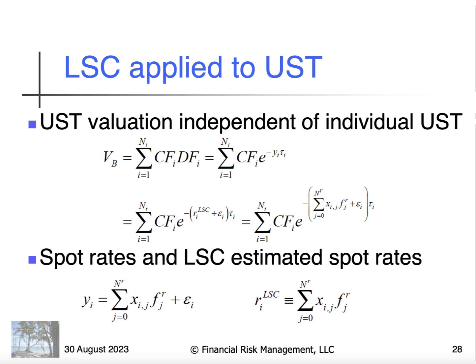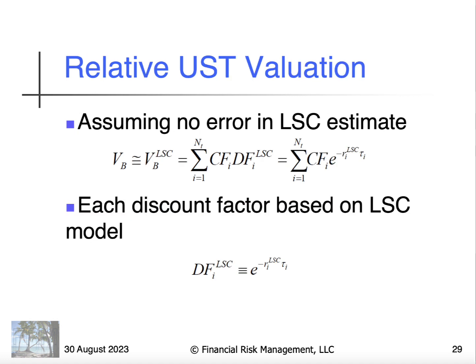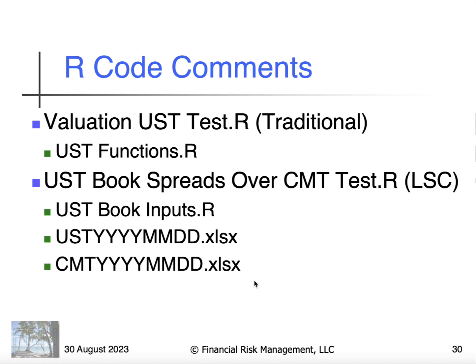We're now allowing for the yield to vary for each cash flow, and each discount rate is fit by the LSC model. And so the discount factor is based on the LSC model, and we can deploy it that way.